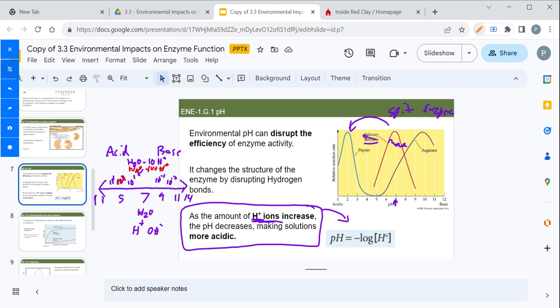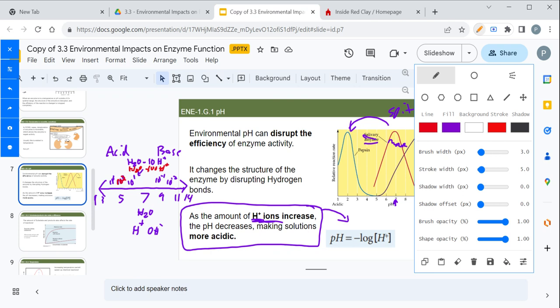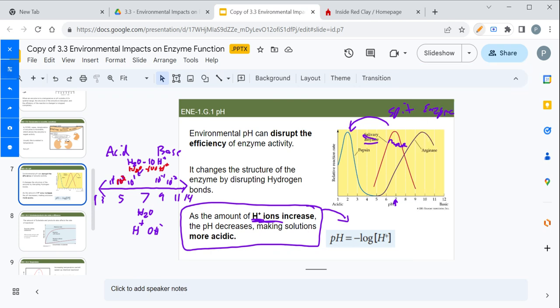If we go in the opposite direction, this is where people get confused. It's designed this way to be a little bit weird, so I'll try to slow it down. As we go this way, we're increasing the hydroxides, and here's why. The idea is that here, for every 10 H2Os, there's now one H+.